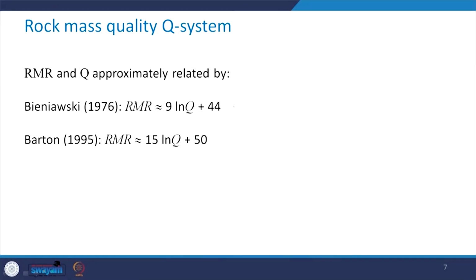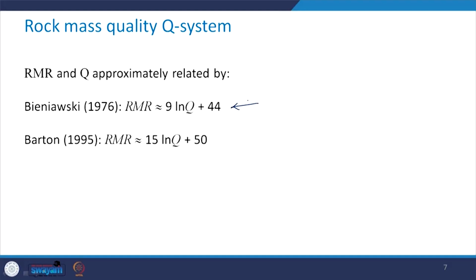There are correlations which exist between RMR and Q. These are approximate relations. However, it has been seen that in some cases they work quite fine. Two of these relations I have mentioned here. The first one was developed by Bieniawski in 1976 and is quite widely used to obtain either Q from RMR or RMR from the Q value.